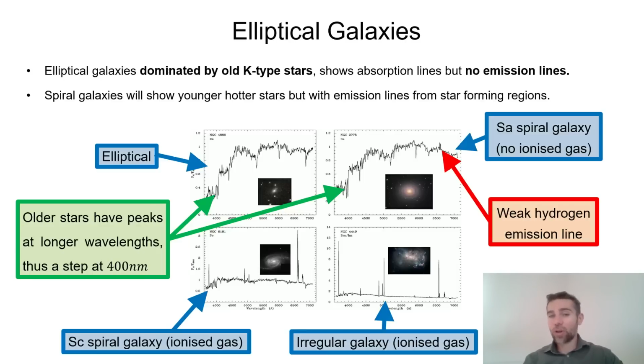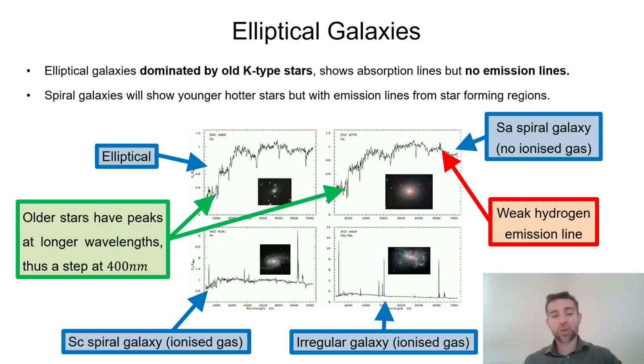And then on the other one, you've got an Sa. That's an early stage spiral, so an old spiral. Almost the same features, except it does have a very weak hydrogen line because it's still undergoing a small amount of star formation. Again, very little ionized gas there.